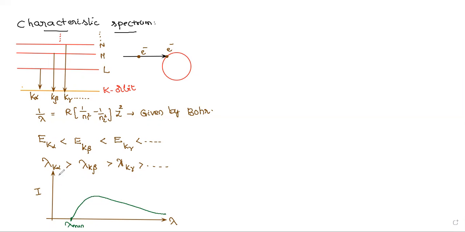And here, these characteristic wavelengths, suppose in the graph he mentions those lines as some peaks like this.